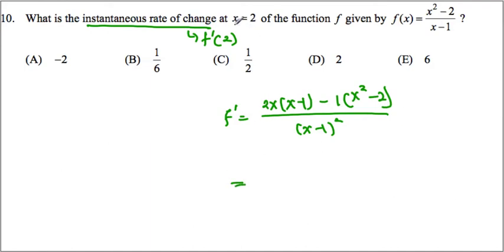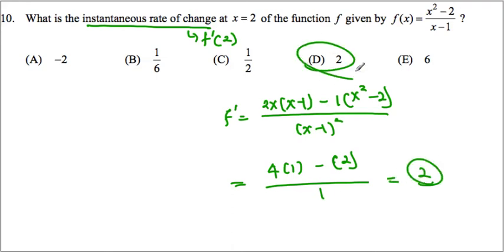Once you plug in 2 in place of x, what do we end up getting? We get 4 times 1 minus, here it becomes 2, because 2 squared minus 2 is 2, all over 2 minus 1 becomes 1, squared becomes 1. So our final answer becomes 2.